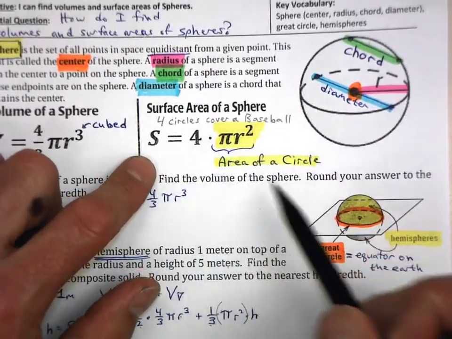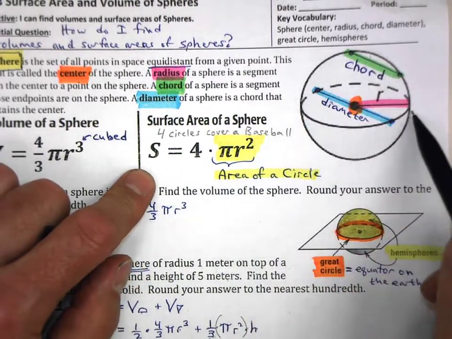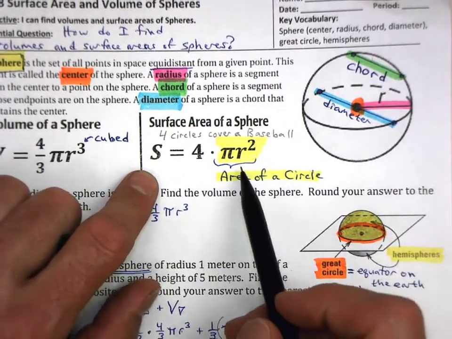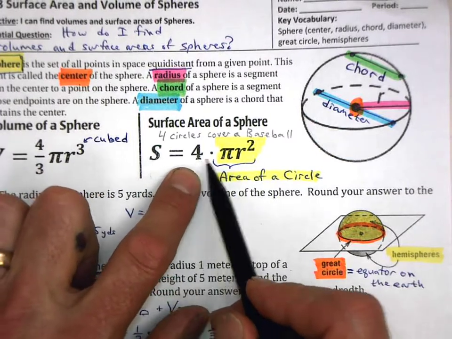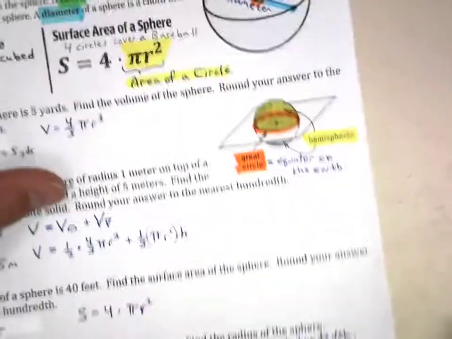Surface area. Surface area of a sphere is really simple. All it is is 4 times the area of a circle. That's interesting. And that makes sense, though, when you think of a baseball.